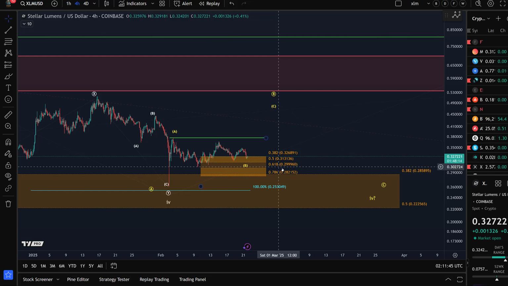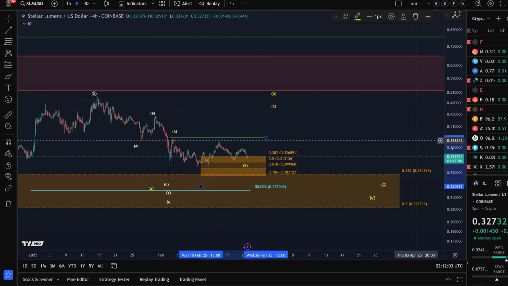I've added a micro support region, which is located here in the area between 32 to 28 cents. So 32 to 28 cents is support. What we need is a break above this green line, located at 37.5 cents. This is essential because this is the upper boundary of the local range. The lower boundary, I'd say, is 28.2 cents.